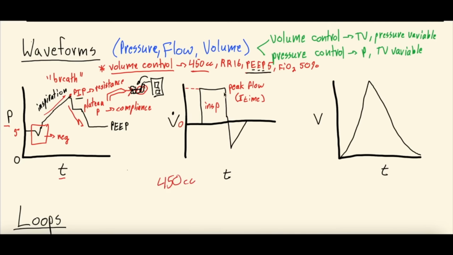So how much flow there needs to be to give them 400 cc's depends on how fast I set that breath to go in, right? If I set that breath to go in over 1 second, it would have to flow that volume in differently than if I set that breath to go in over 2 seconds, because it would have twice the time to push in that 400 cc's of volume. So the peak flow here is related to the I time, the inspiratory time, which is something you set on the ventilator, if that makes sense.